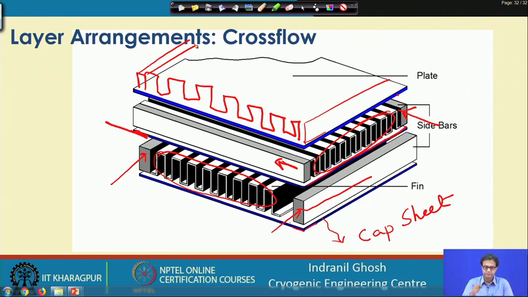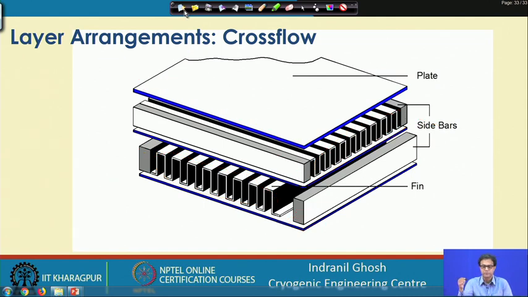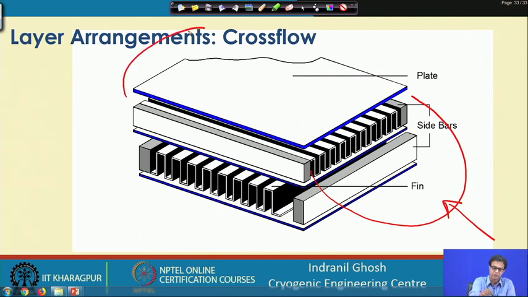So, this is how it is done in a cross flow exchanger. This is the layer arrangement, and this is relatively simpler because we have only 4 directions to designate. For fluid 1, this is the fluid 1 in and fluid 1 out.